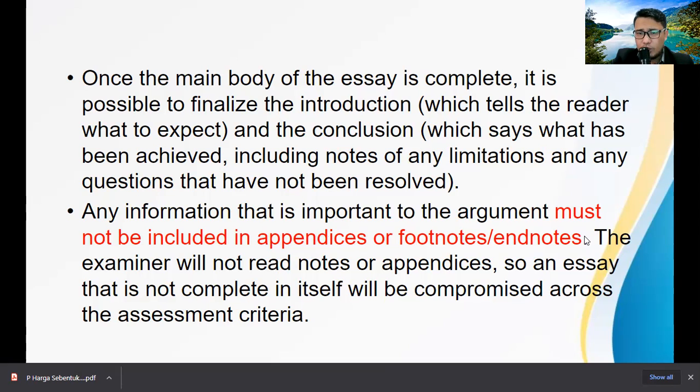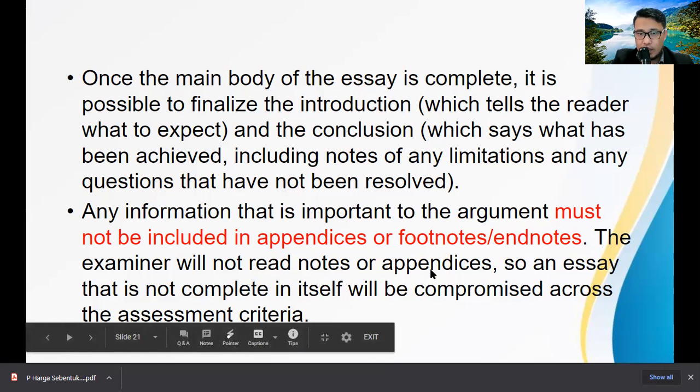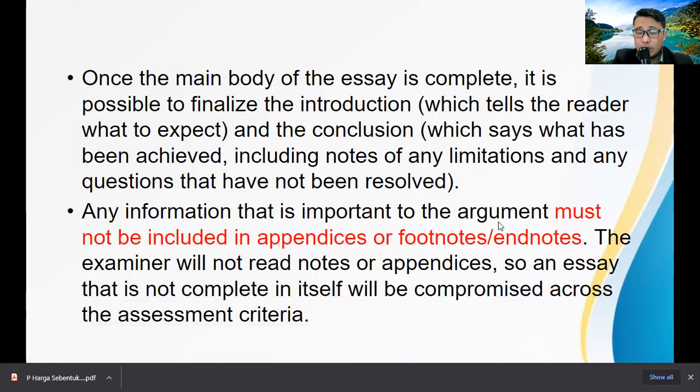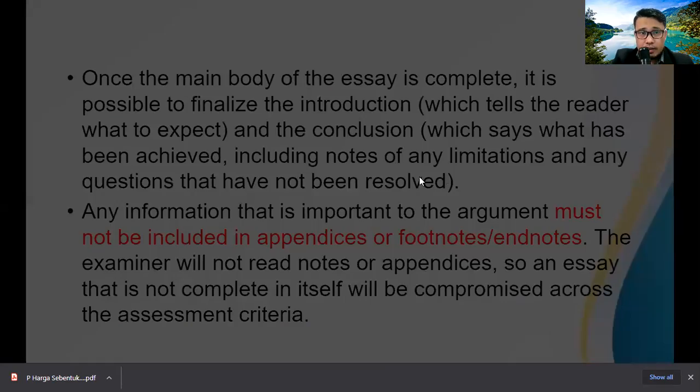The footnote is supposed to be only for reference, not for writing your argument. So that's why you should not put your argument in the footnotes, endnotes, or the appendix. The examiner will not read it. Okay, so just to be sure, the argument is only read in the main body of the essay.